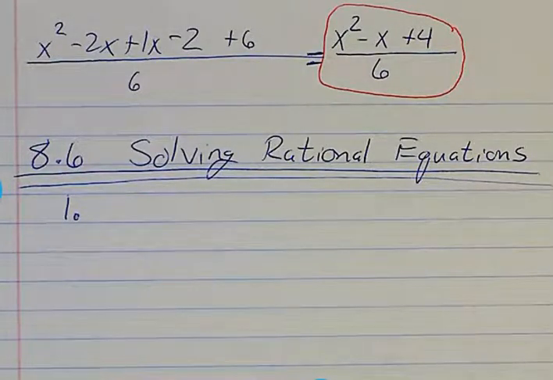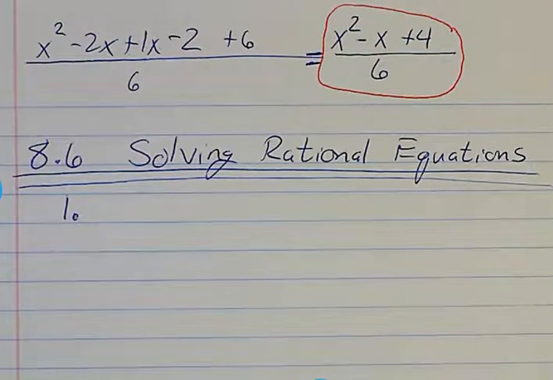And if you want to put this right behind 8.5 that we just got finished, that's fine because these two almost go together because you almost do the exact same thing for complex fractions that you're going to do for solving rational equations. A couple of little things different, but the big idea of it is it's all basically the same thing here.